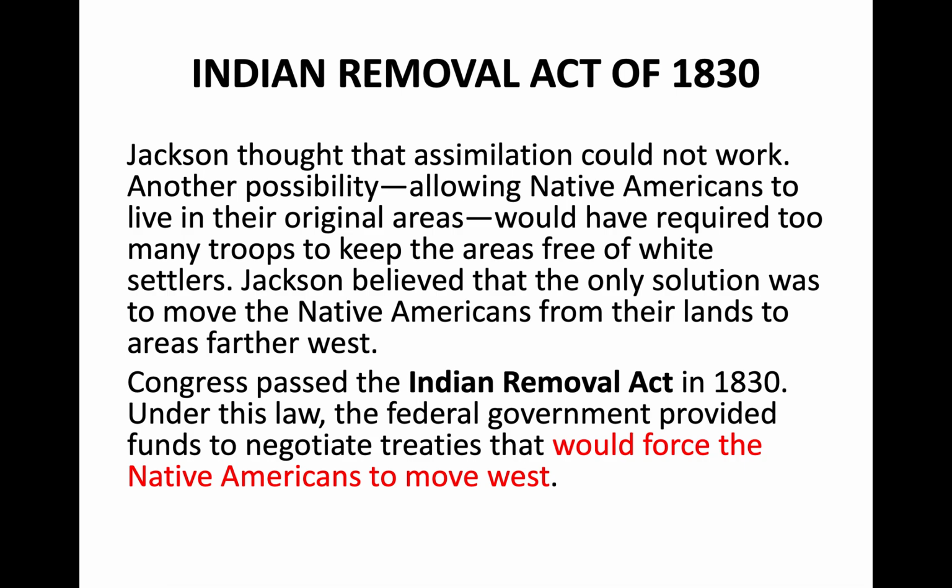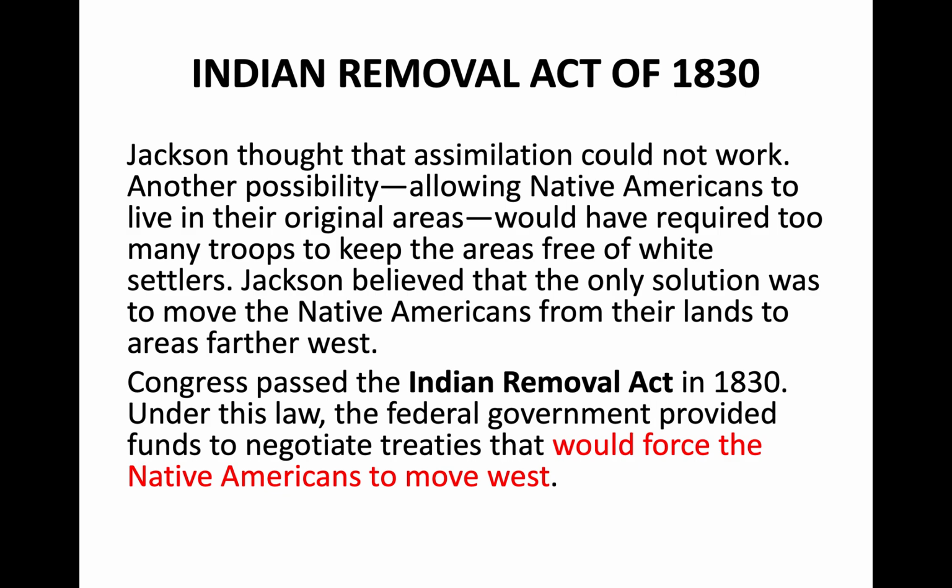Indian Removal Act of 1830. Jackson thought the assimilation could not work. Another possibility, allowing Native Americans to live in their original areas, would have required too many troops to keep that area free of white settlers. Jackson believed that the only solution was to move the Native Americans from their lands further west. Congress passed the Indian Removal Act of 1830.